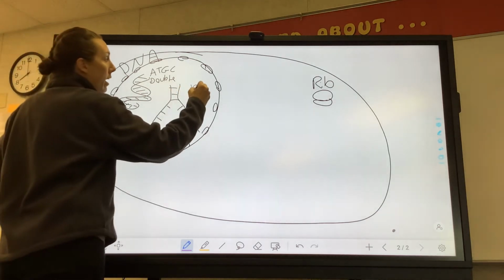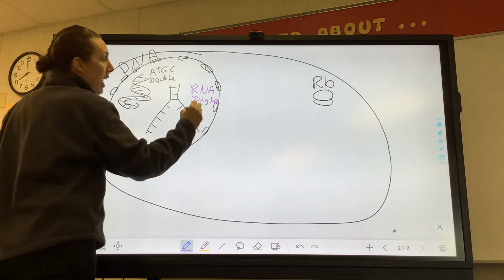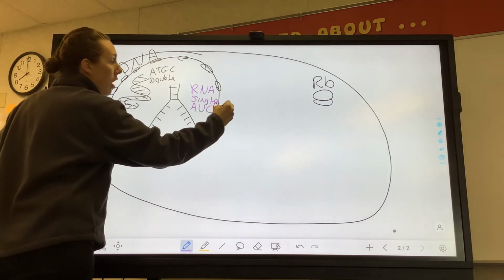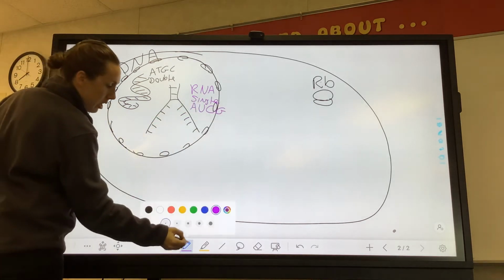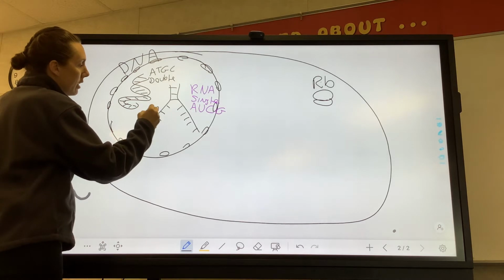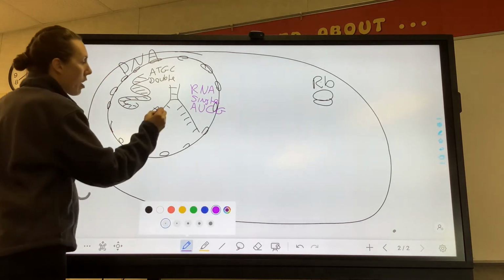Now RNA will be single, and it's apples under the tree, cars in the garage. So say if this sequence is A, T, G, C, what is the RNA complementary?